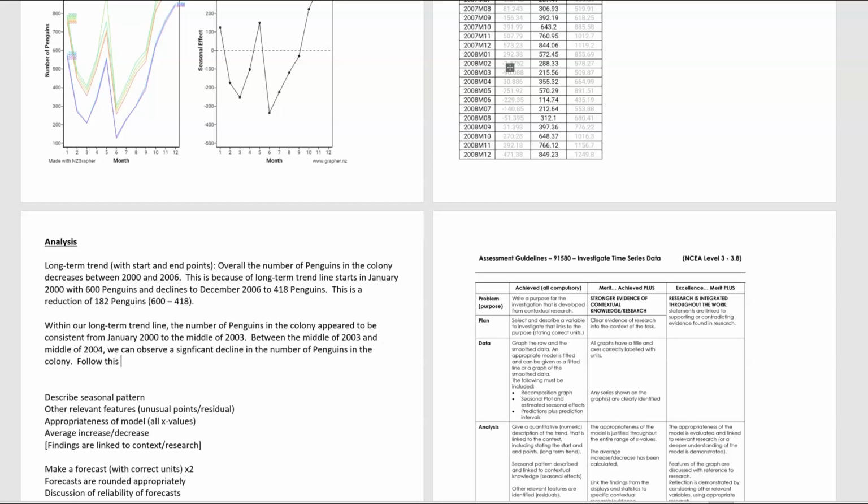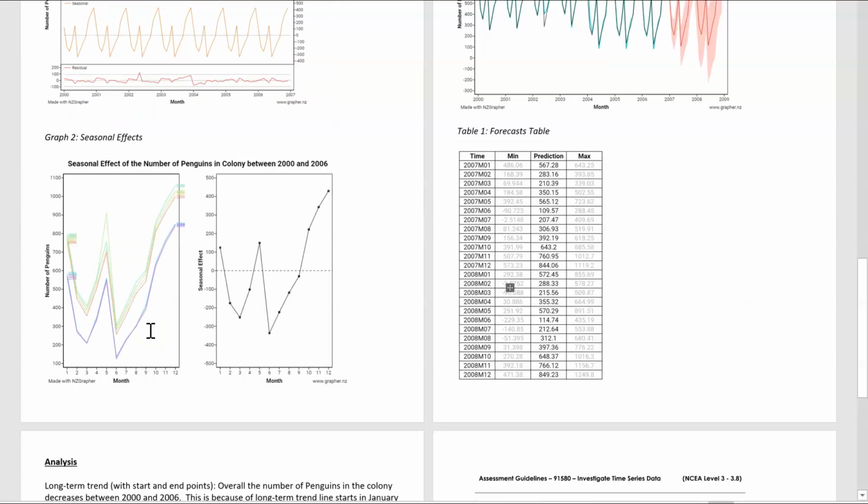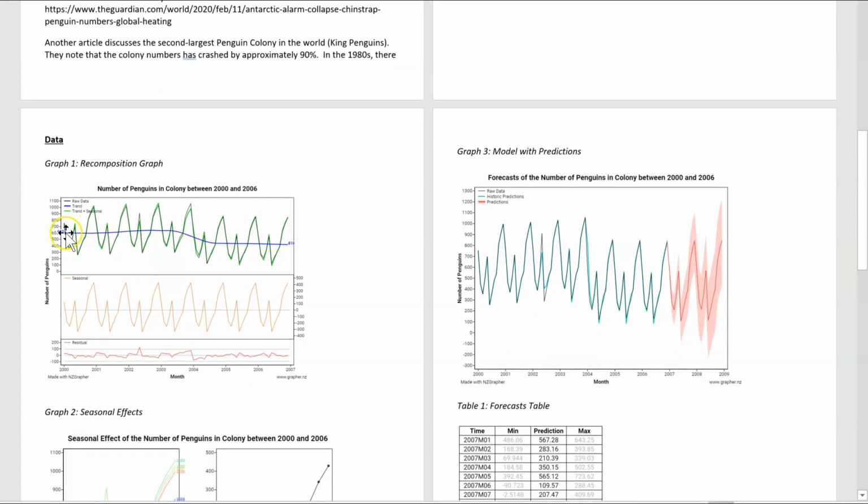Following this, our data resumes its consistent numbers until December 2006. So just recapping what I did there, I basically mentioned it was pretty unchanged, and then it went down, and then it changed. So I discussed what was happening with that long-term trend line.